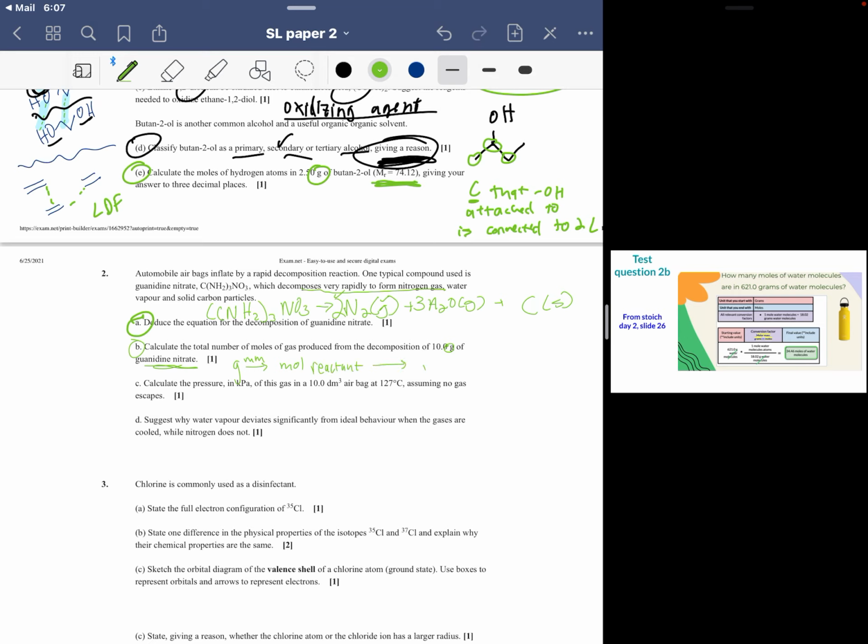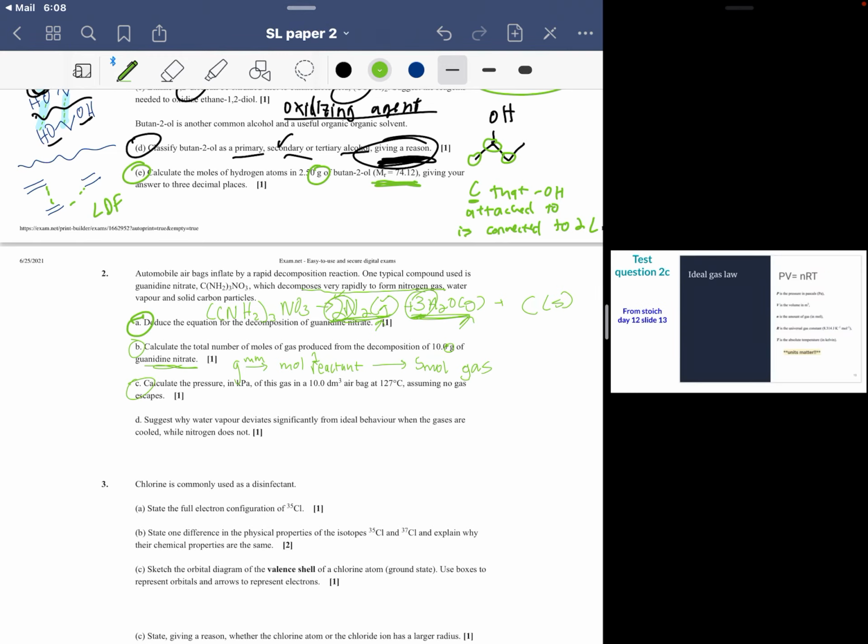And then you need to get into moles of gas in the product, a little tricky. You have two gases, so there's 5 moles of gases for every 1 mole of reactant, using coefficients. So it was a little trickier to recognize that there were two products that were gases.